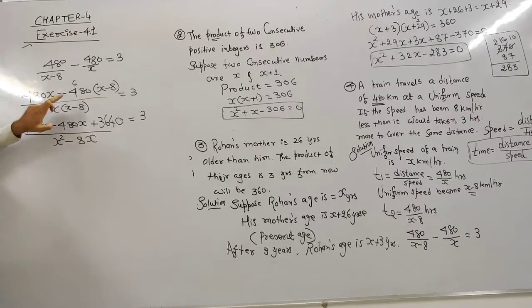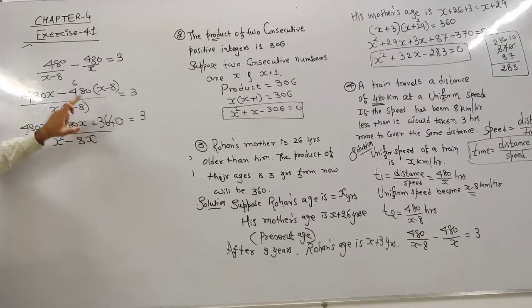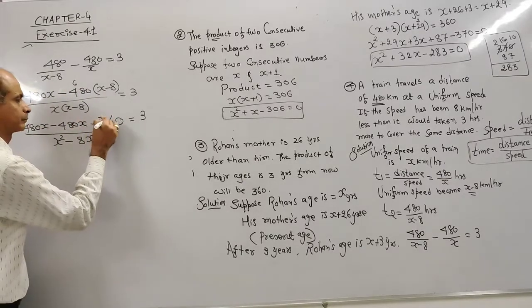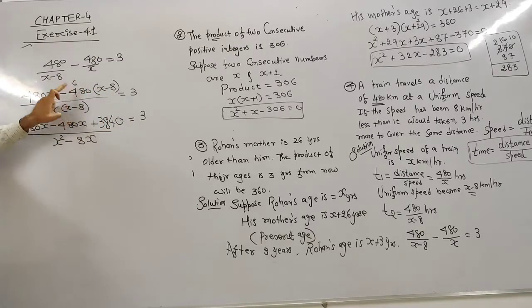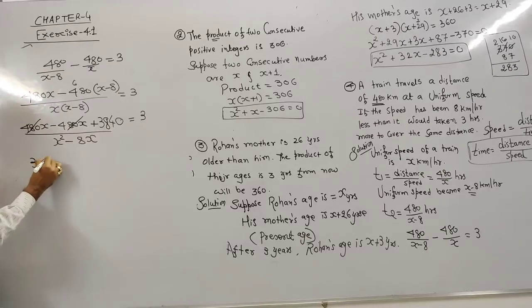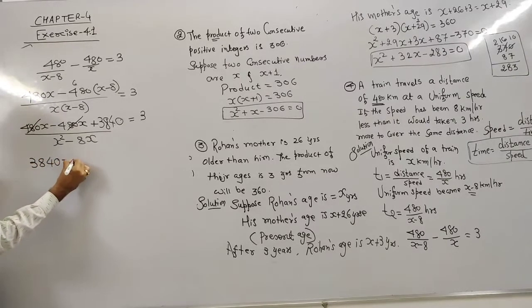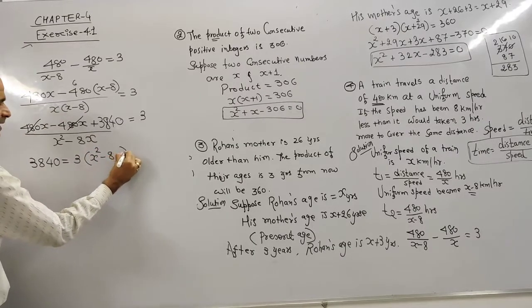Again, 480x minus 480x becomes plus 8 times 480: 8 times 0 is 0, 8 times 8 is 64, and 8 times 4 is 32, plus 6 is 38. So 3840. Now cross multiply. You can cancel this. So you get 3840 is equal to 3 into x square minus 8x.